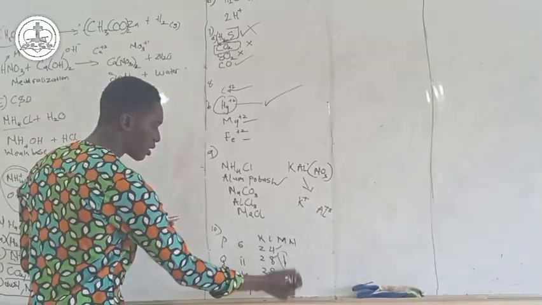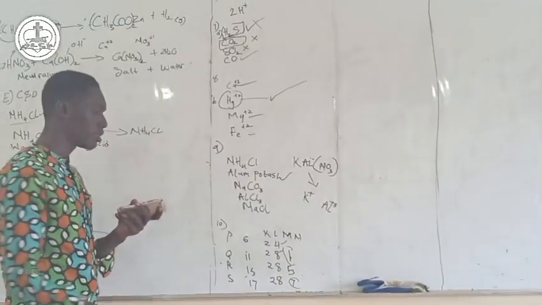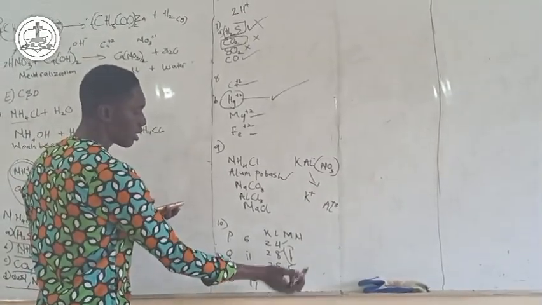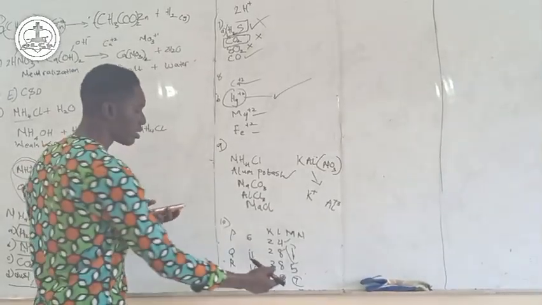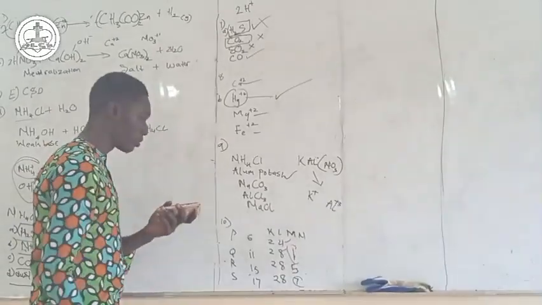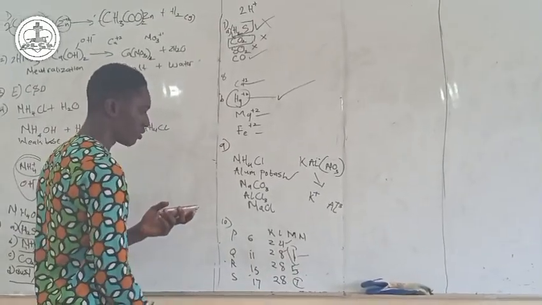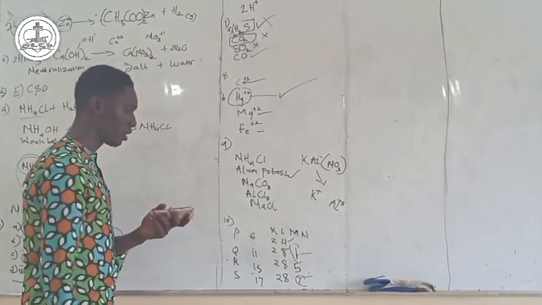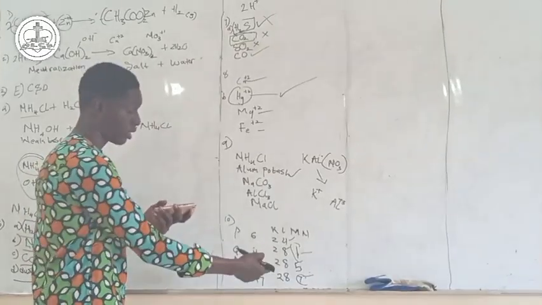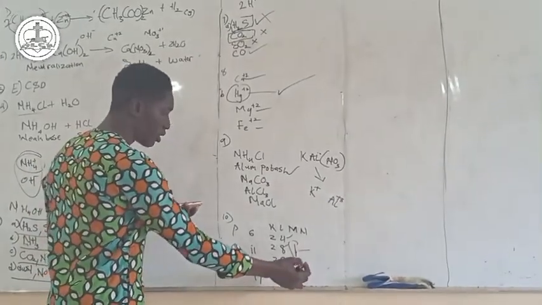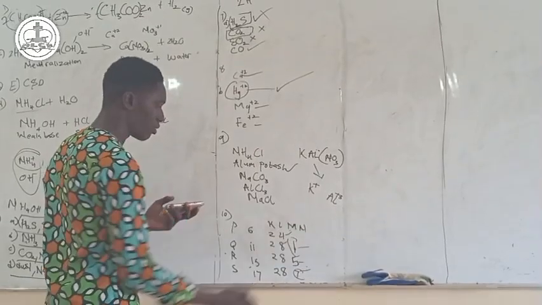Then this is more electronegative because it needs one more to complete its shell. So we know this will form an electrovalent bond. Then this and this will form covalent.